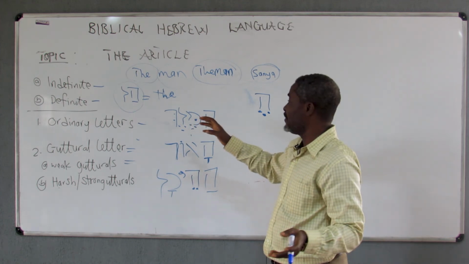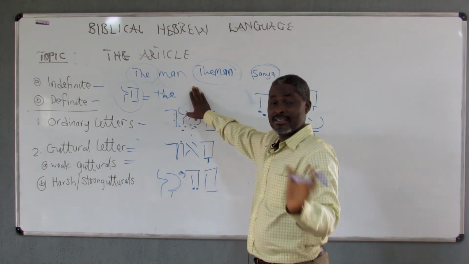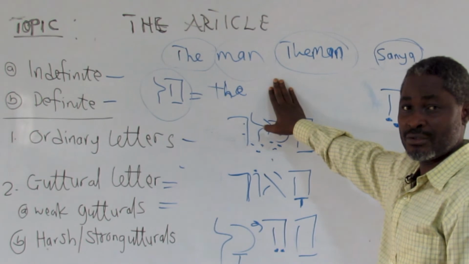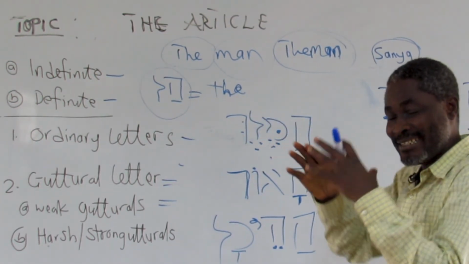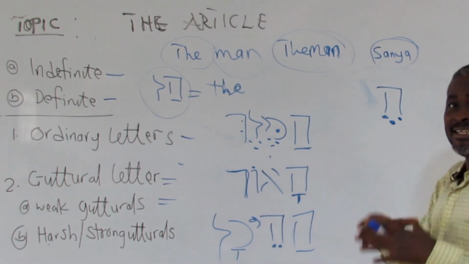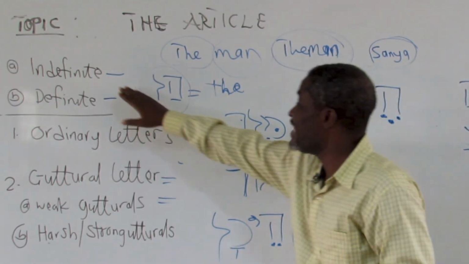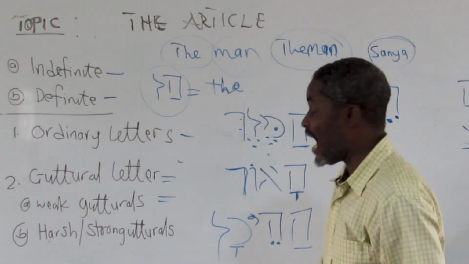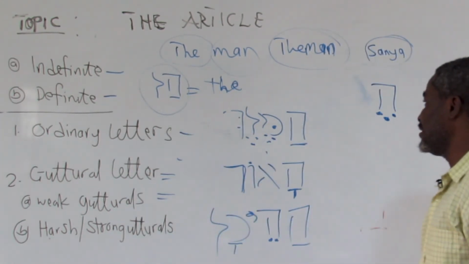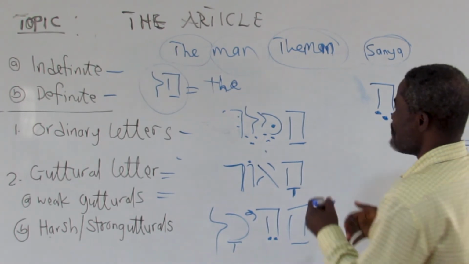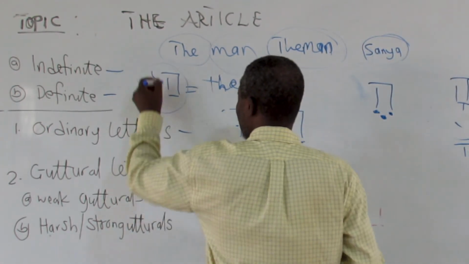Let me just repeat briefly. The article in Hebrew, the ha, is inseparable. It's attached to the word it governs. And in Hebrew, we don't have indefinite articles. We only have the definite article, which is ha. When you attach it to the word it governs, the lamed always drops.